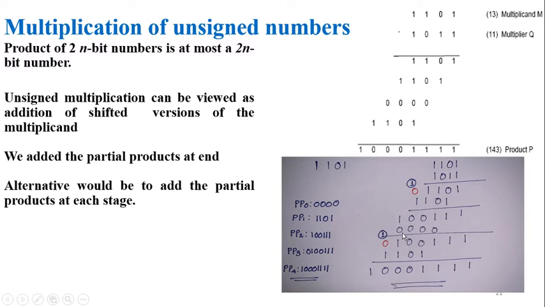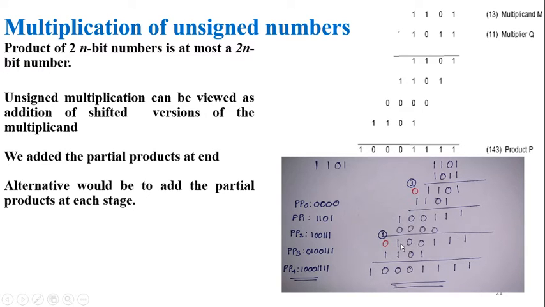We just write all zeros. Okay, then perform the addition with the previous partial product value. So just write down this 1 here, next 1 here, 1 plus 0 is 1, 0 plus 0 is 0, 0 plus 0 is 0, 1 plus 0 is 1 here.